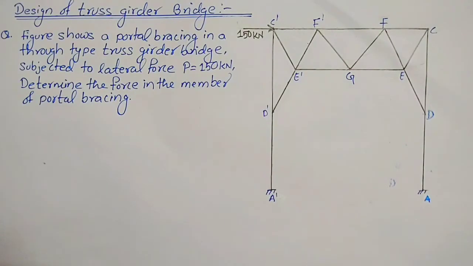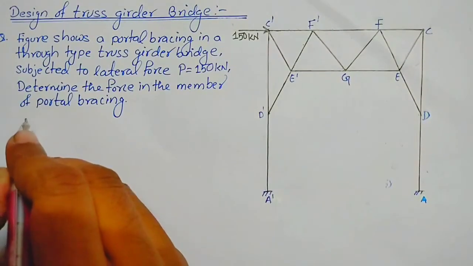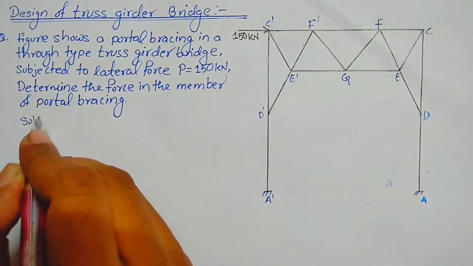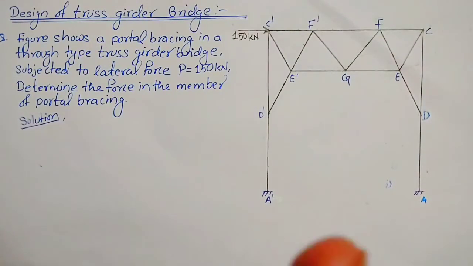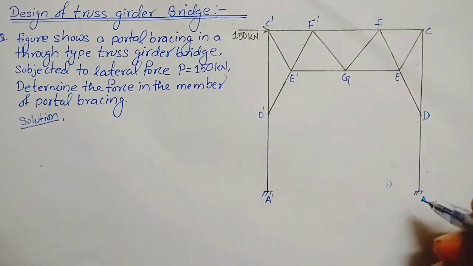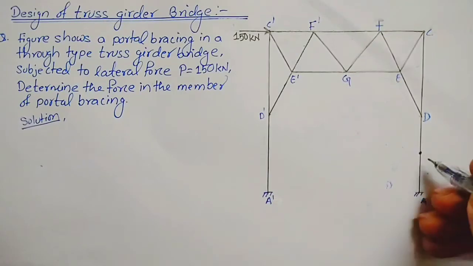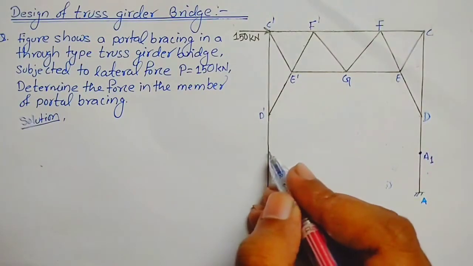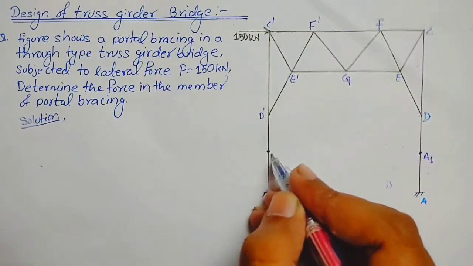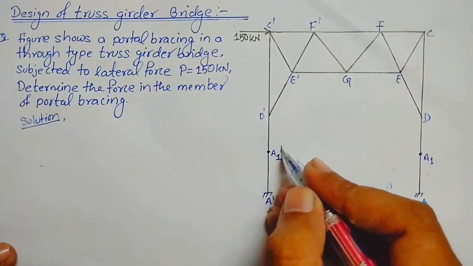And now, so guys, let us begin the solution here. After writing solution, we will need to make two assumptions. Suppose here I select a point, this is A, and let this point be A1, and this is A dash, so let this point be A1 dash.